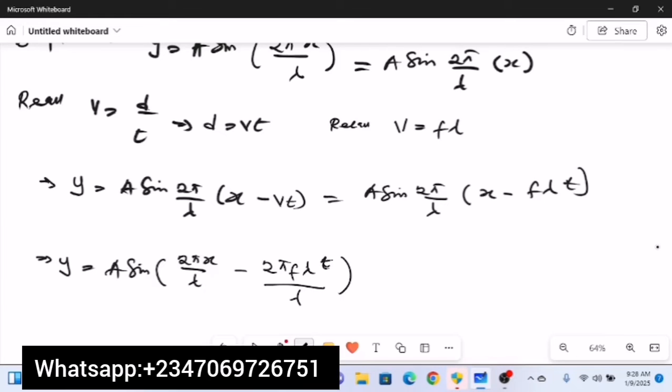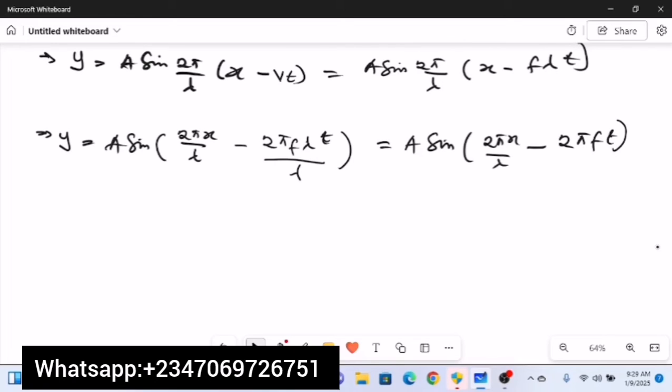So this is going to be equal to A sine of 2 pi x all over lambda minus, where lambda cancels lambda, simply 2 pi f t, and we close our bracket.